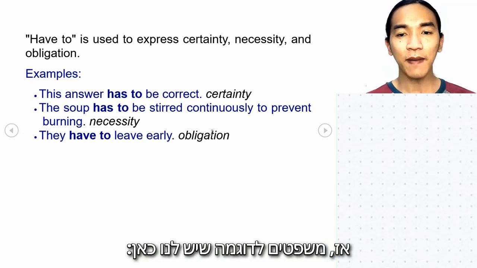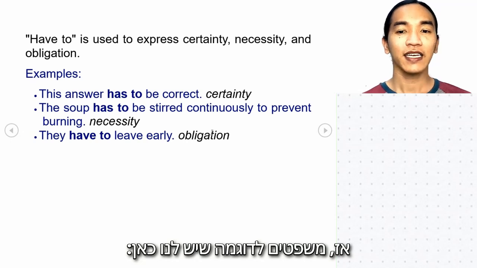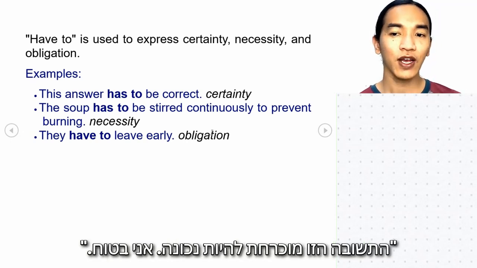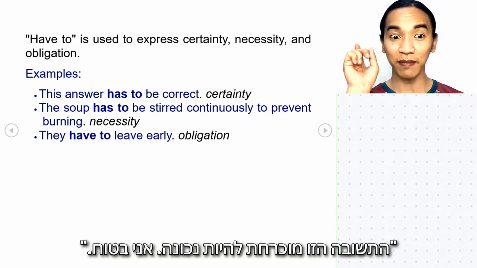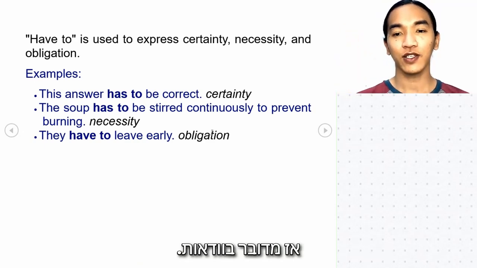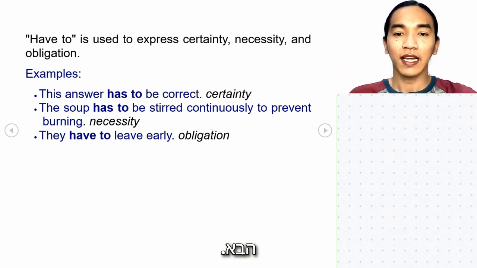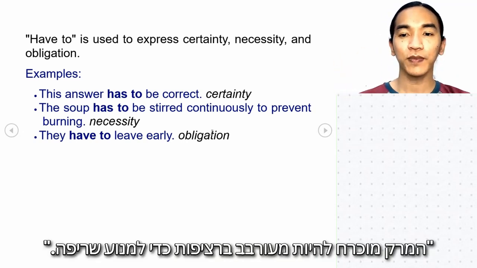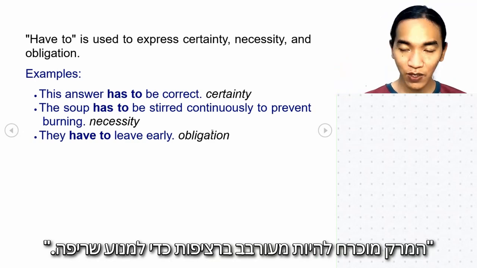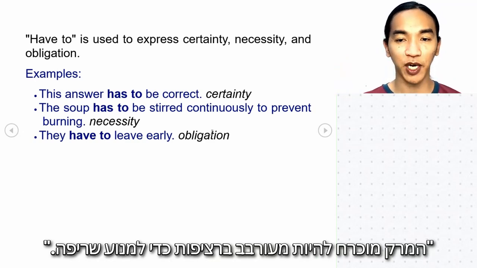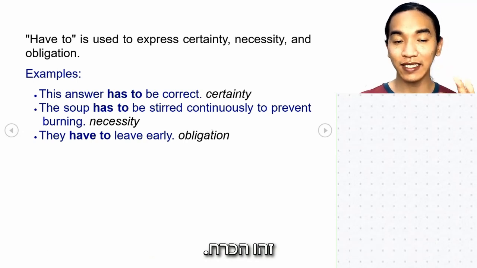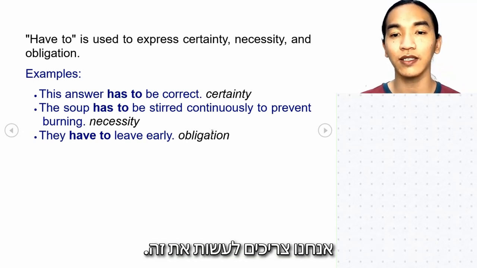So, example sentences that we have here: this answer has to be correct. I'm certain. So, this is about certainty. I'm sure. Next one, the soup has to be stirred continuously to prevent burning. This is necessity. It's a must. We need to do it.